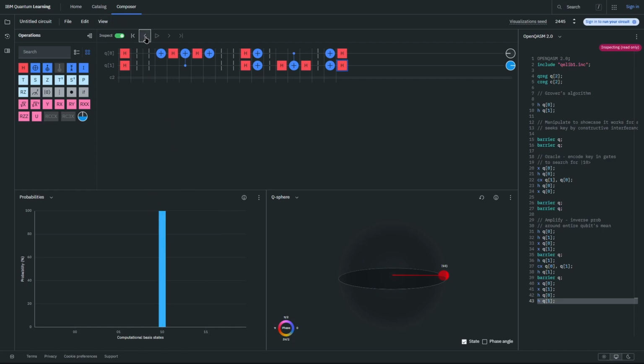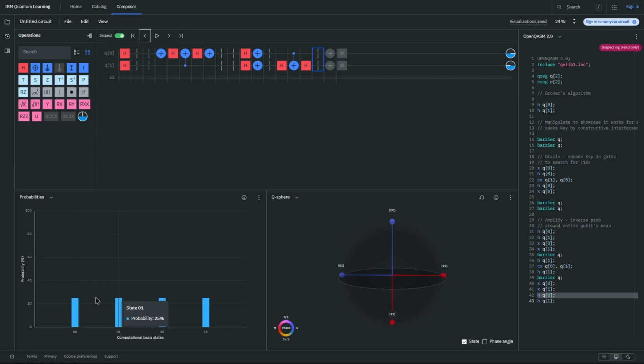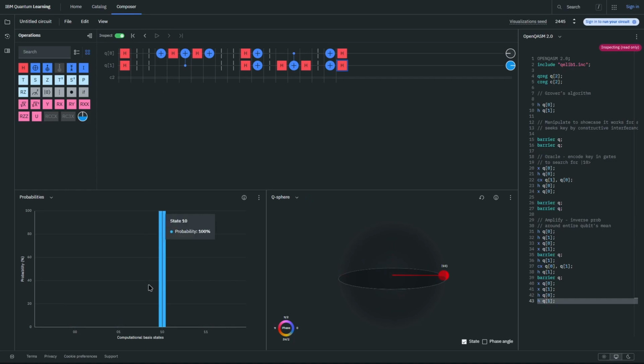Earlier, it had the same probabilities, but once we complete this amplification right here, boom, the marked qubits right here now become 100%.